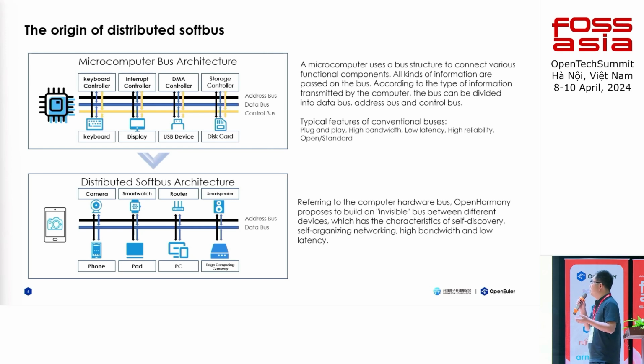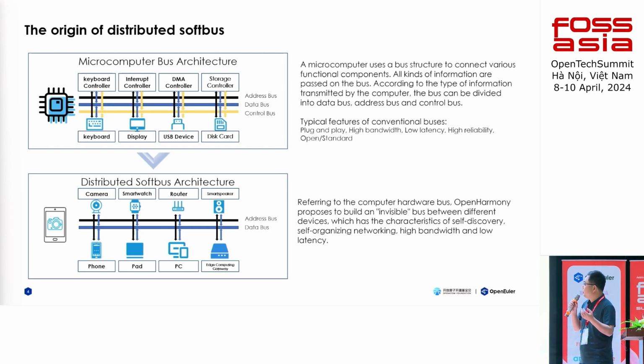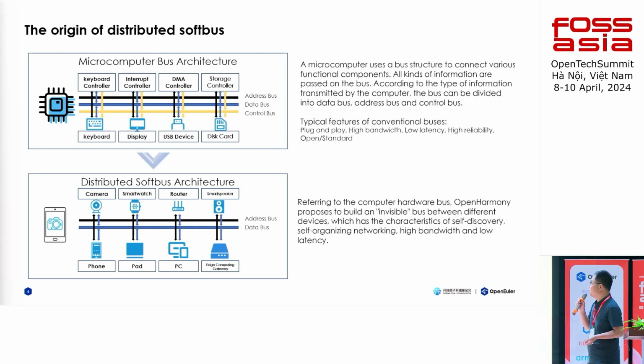The hardware bus has very typical features such as plug and play, high bandwidth, and so on. So we got inspiration from the hardware bus, and we decided to develop the distributed Softbus.